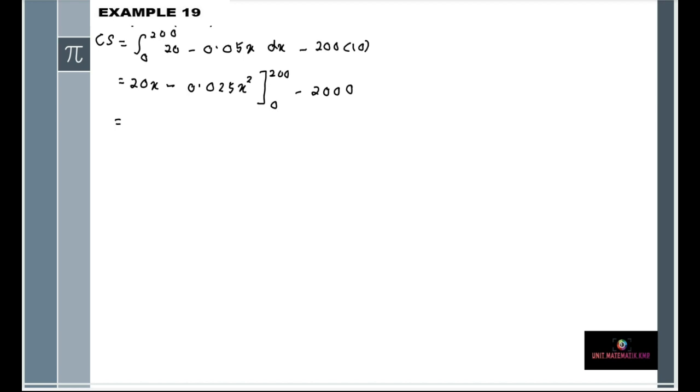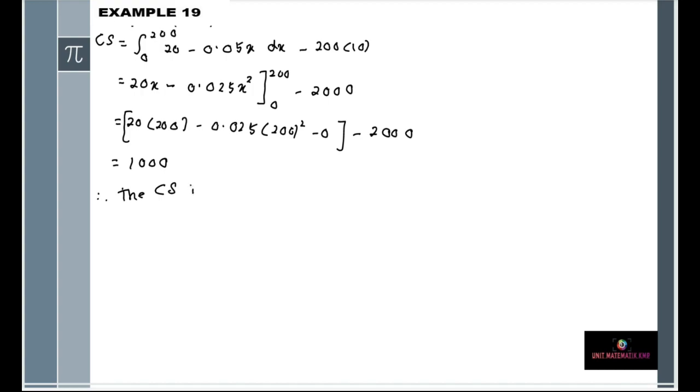Next step we substitute, so we have 20 times 200 minus 0.025 times 200 squared minus 0, minus 2000. Therefore this one equals 1000. So we conclude the CS is RM1000. That is our CS.